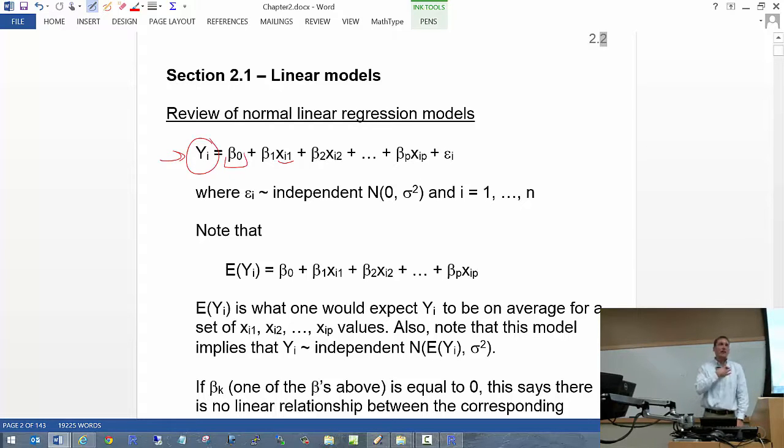I will call them explanatory variables because their purpose is to explain information about the response. A lot of other people call them independent variables. Then we have our explanatory variable x. So we have the first one. That's why I have a subscript 1 there. It's for observation i. And the amount of effect that x has on y is measured by this parameter beta 1. So notice if beta 1 is equal to 0, what does that say?